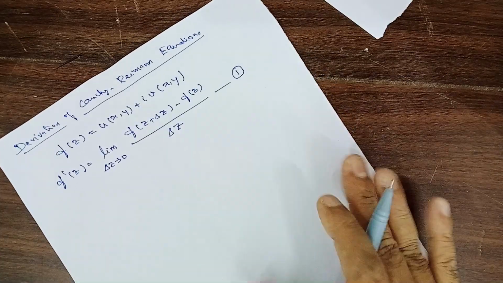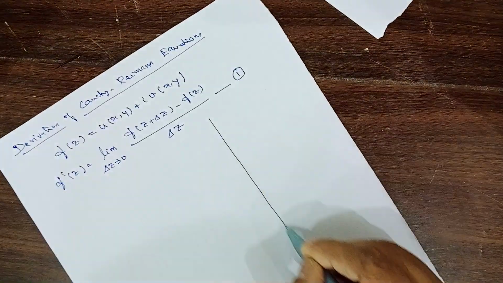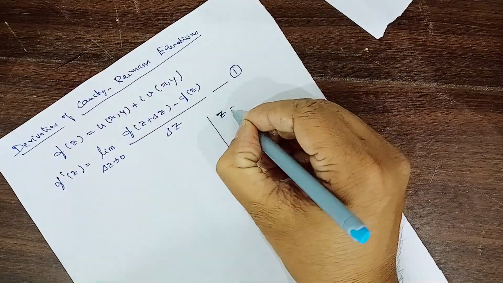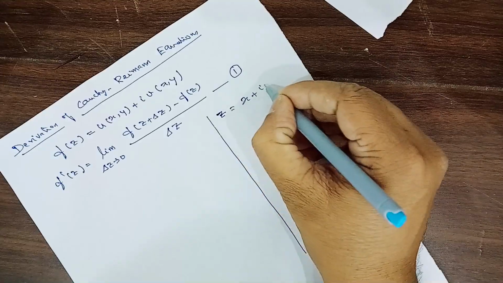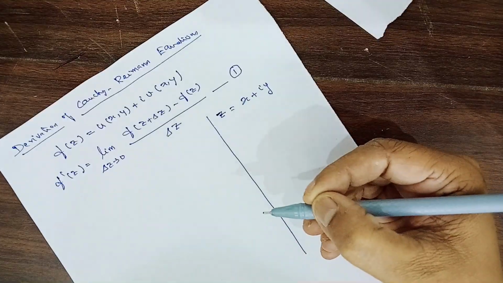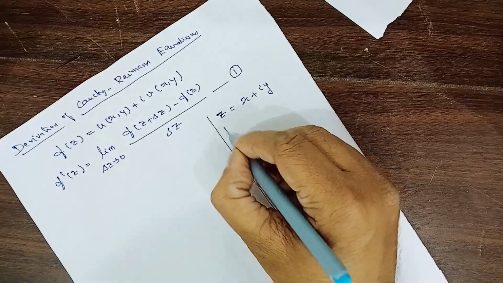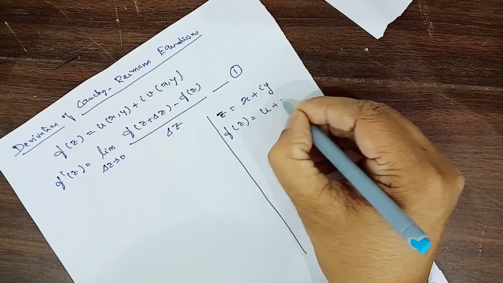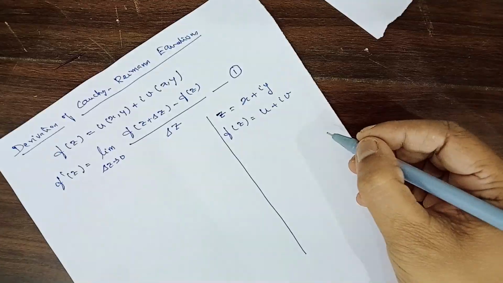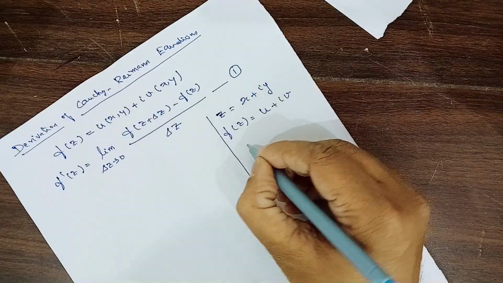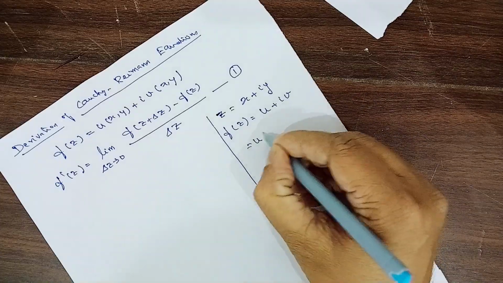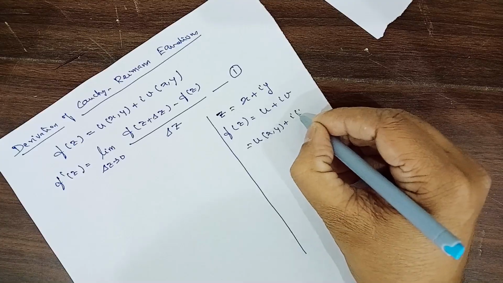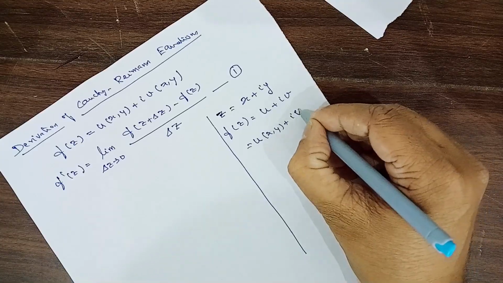Let us consider z is equal to x plus iy. f of z is equal to u plus iv, where u is a function of x comma y and similarly v is a function of x comma y.